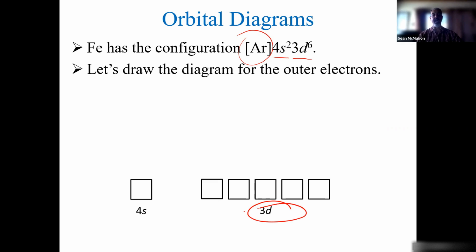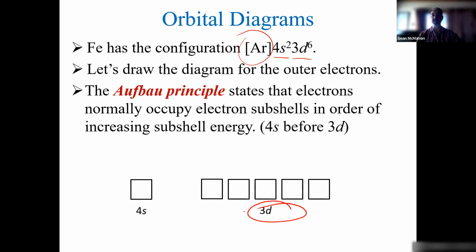So how would I fill that out? Well, according to the building up principle, or the Aufbau principle, you're going to start with the subshells that are increasing in energy. Basically you're going to start with the 4s. You just use the periodic table, and you have the two electrons in the 4s.